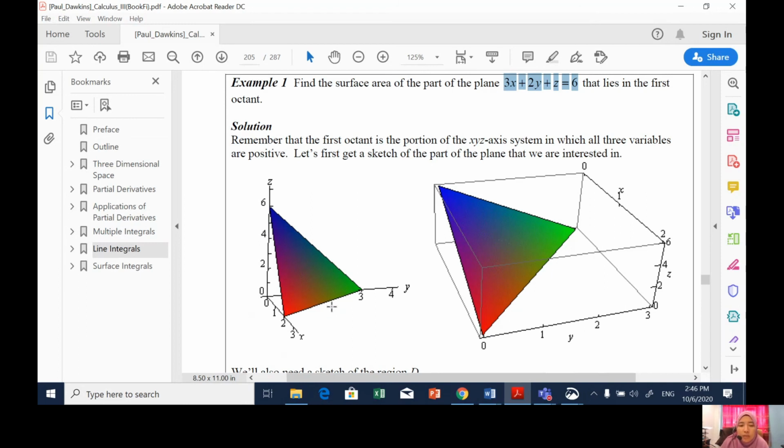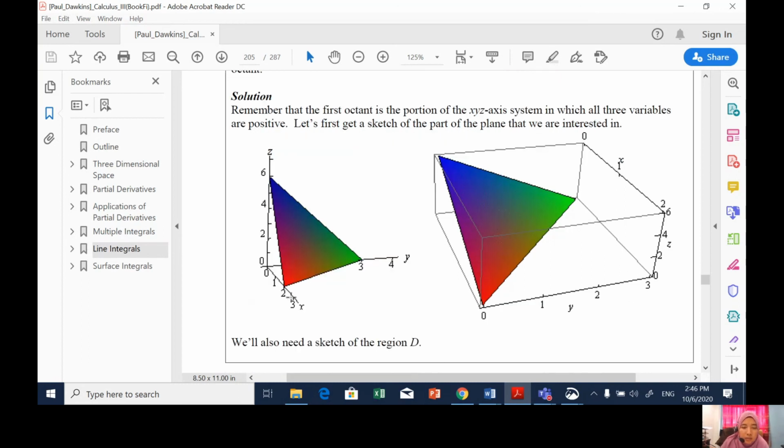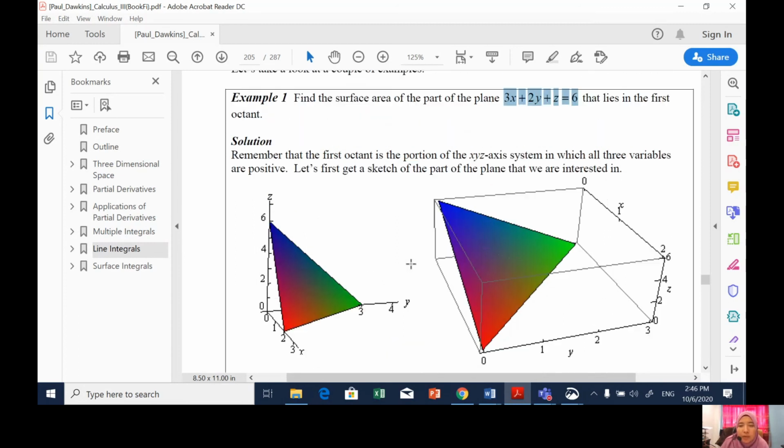Okay, so this is actually the figure of the solid in the first octant. Basically this is the first octant, that is the first quadrant lying between the three axes. We are interested in the region on the xy plane because we are going to find out the limits for x and y.